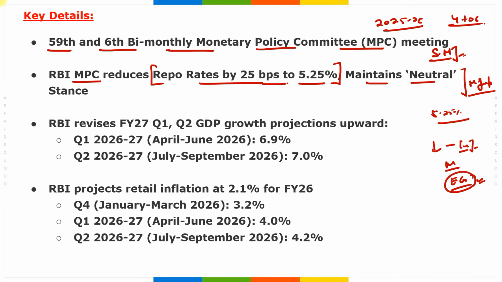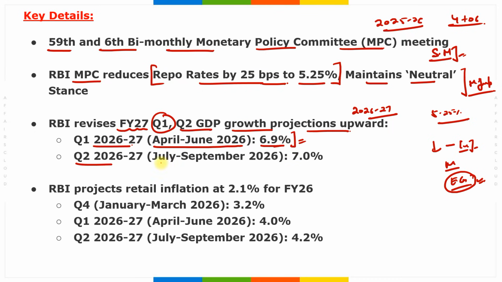But the most important here, RBI revises financial year 27 quarter 1 and quarter 2 GDP growth projections upward. So it means the Monetary Policy Committee has revised its quarterly projections of financial year 2026-27. The real GDP growth projection for quarter 1 2026-27, like April to June 2026, will be 6.9%.